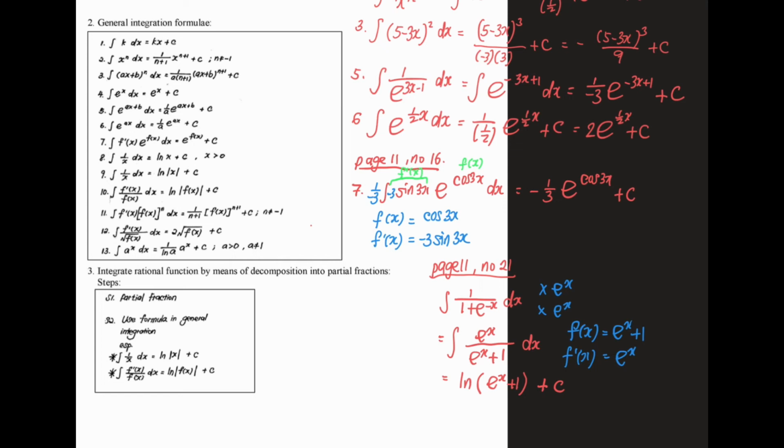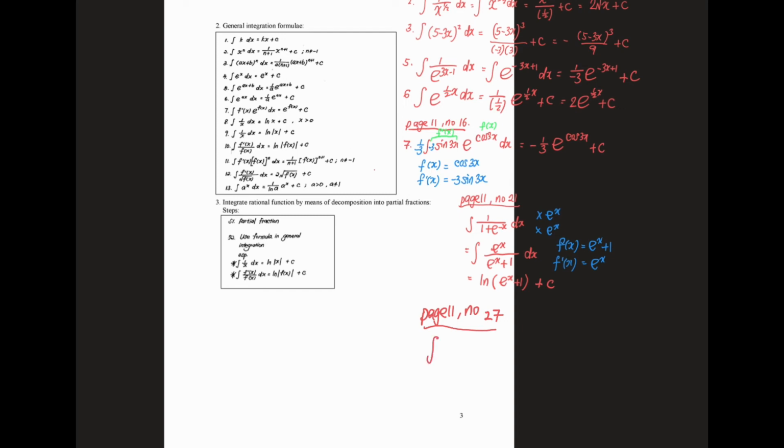Let us use an example from the questions on page 11. Number 27.